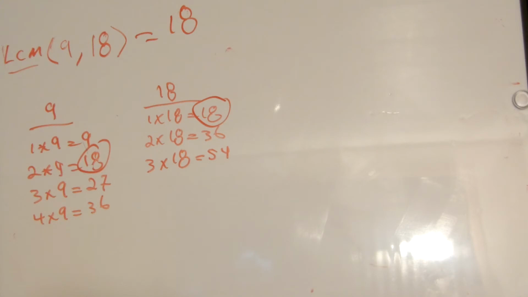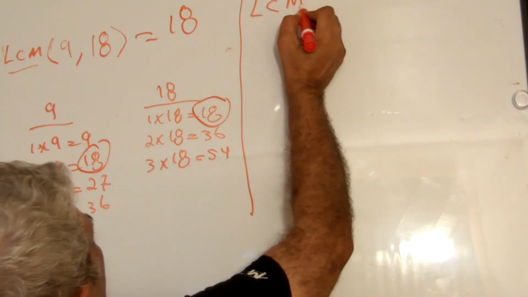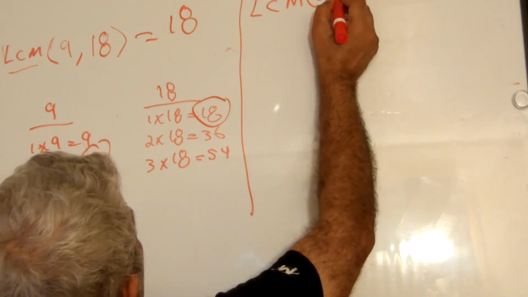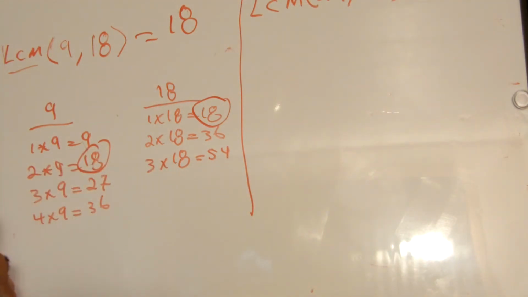So, how about another one? LCM of 24 and 30. Remember we had one example of those in addition and subtraction of the fractions.